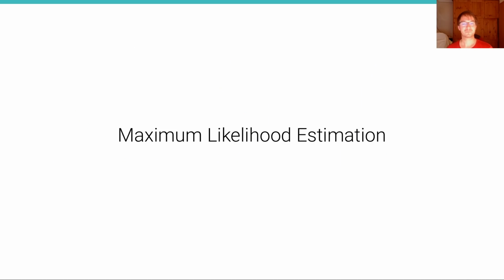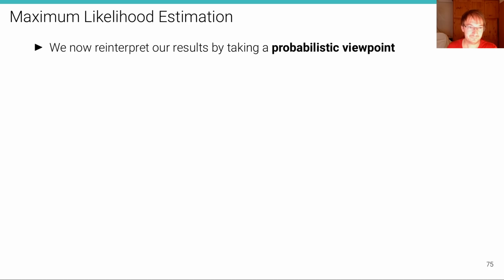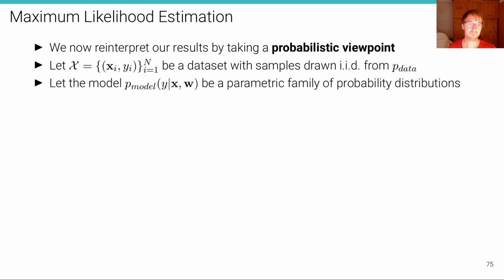Okay. Now, in the final part of this unit, we're going to be talking about maximum likelihood estimation. We talk about maximum likelihood estimation as a reinterpretation of the results that we have previously seen by taking a probabilistic standpoint. Let X be a dataset again with samples drawn IID from the data distribution.